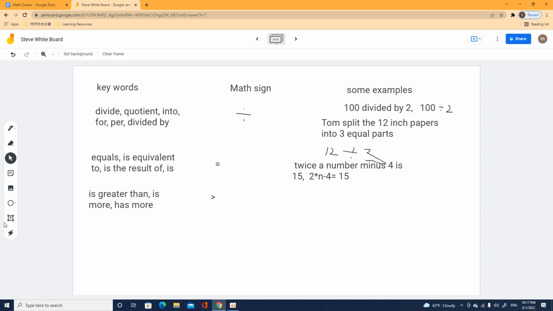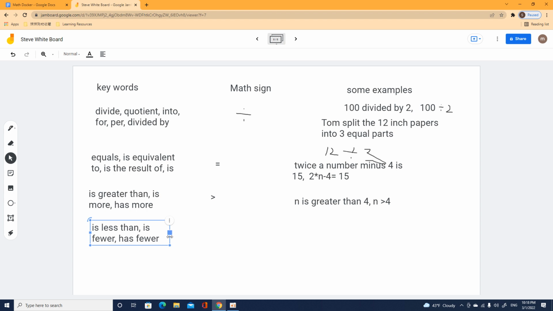For example, we say n is greater than 4, so we can write the inequality like this: n greater than 4. That's it. Similarly, when you see keywords such as is less than, is fewer, has fewer.